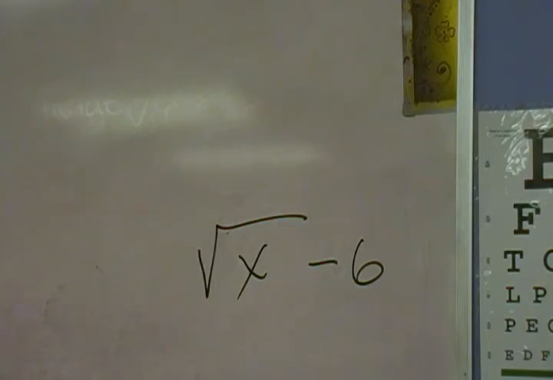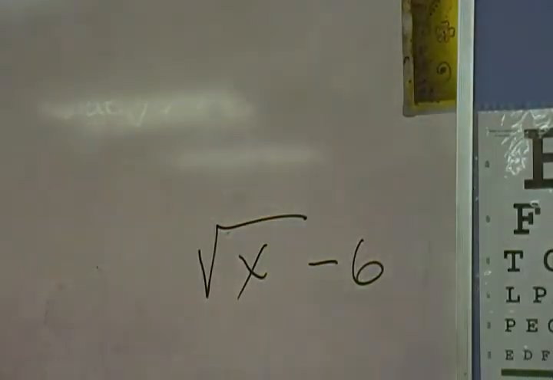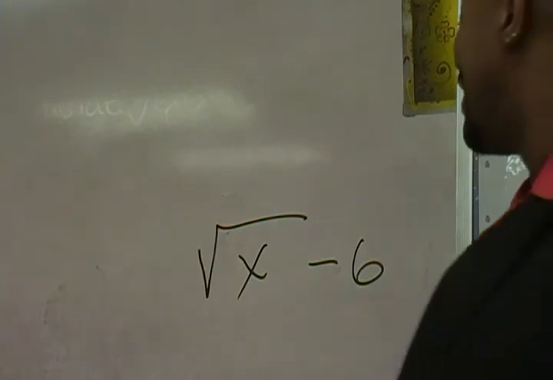14 increased by a number, multiplied by 8. 14 increased by a number, all multiplied by 8. How do you do that? 14 plus x in parentheses, times 8.